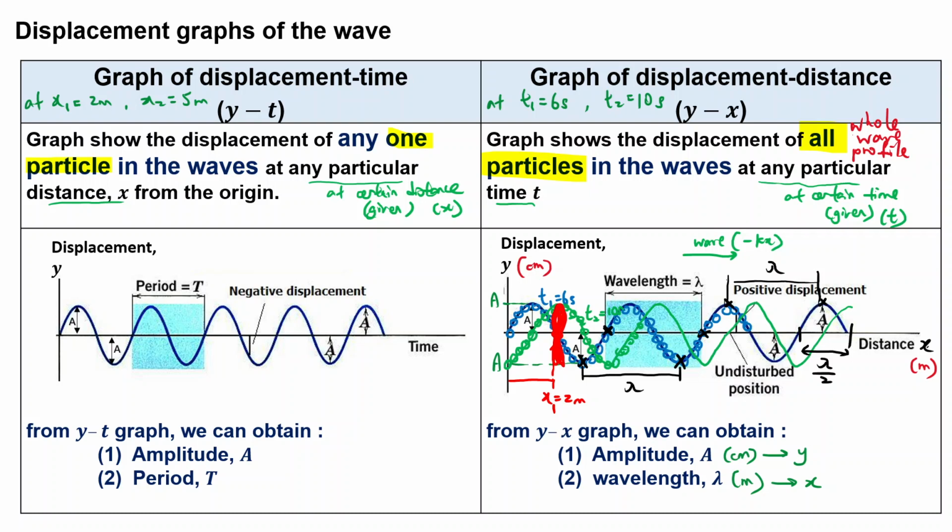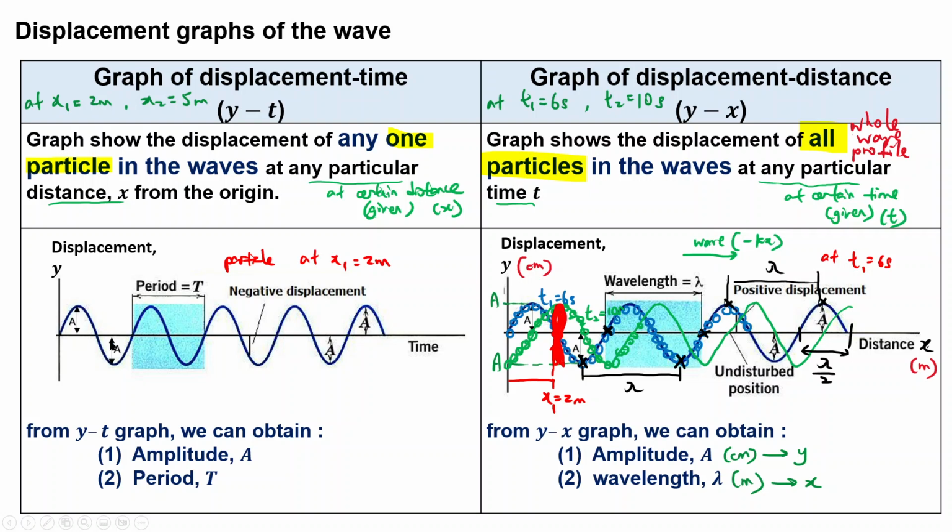Understood, sir. So that means earlier this graph was given for time. Maybe this one is the graph at a certain time, at time equal to 6 seconds. So it shows the whole wave at this time. This one shows the oscillation of one particle at a certain distance, at x1 equal to 2 meter.